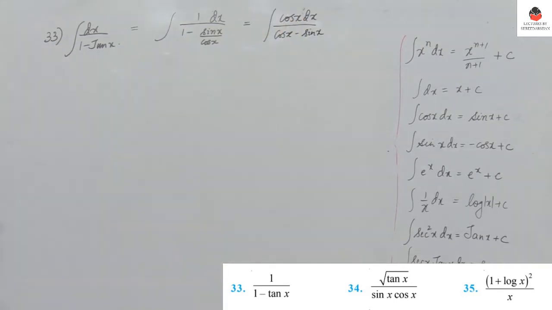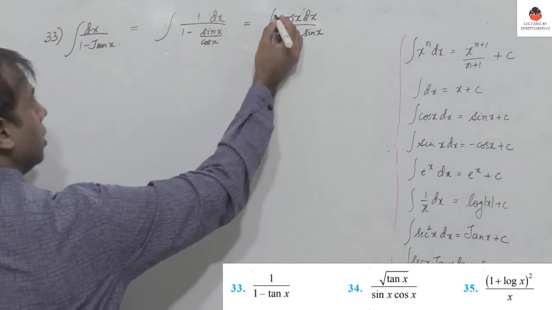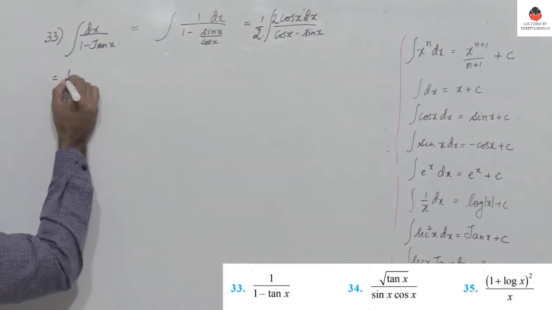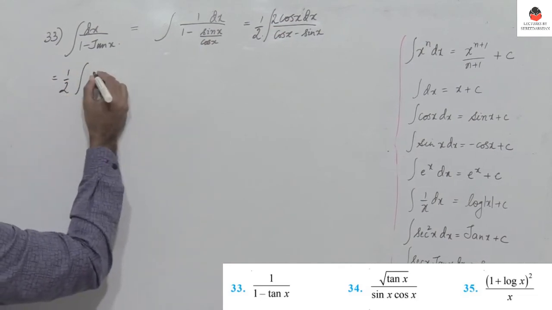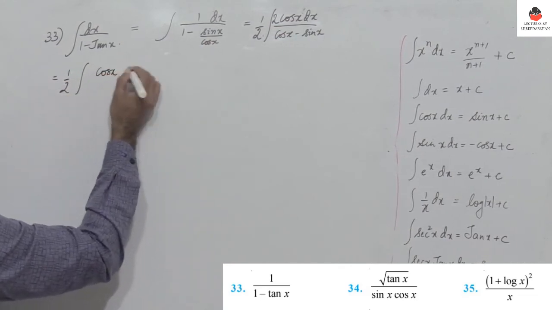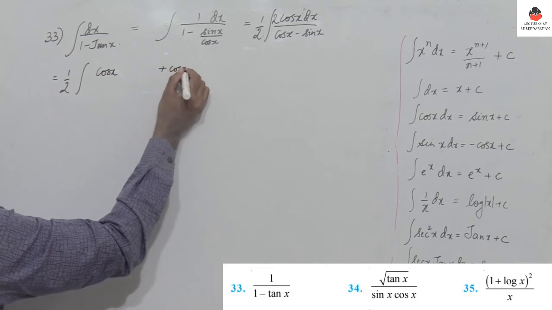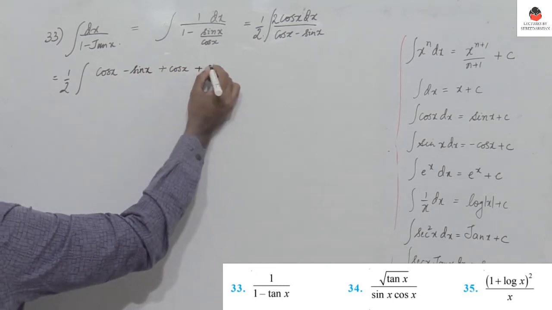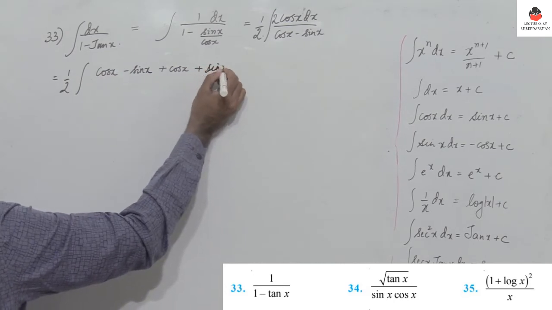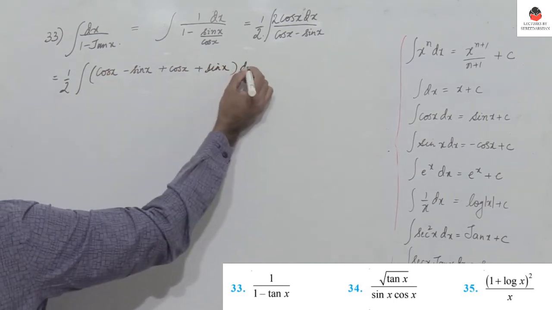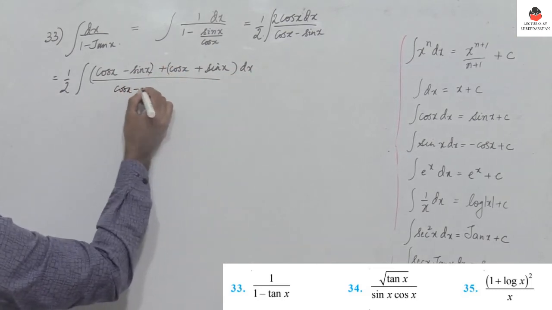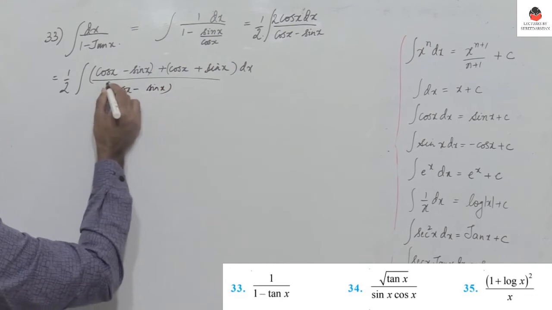So again let me multiply and divide by 2. So 2 and 1 by 2. So you have 1 by 2 integral of 2 cos x, which will be written as cos x plus cos x, and then let me add and subtract sin x. So in the denominator you have cos x minus sin x, right?